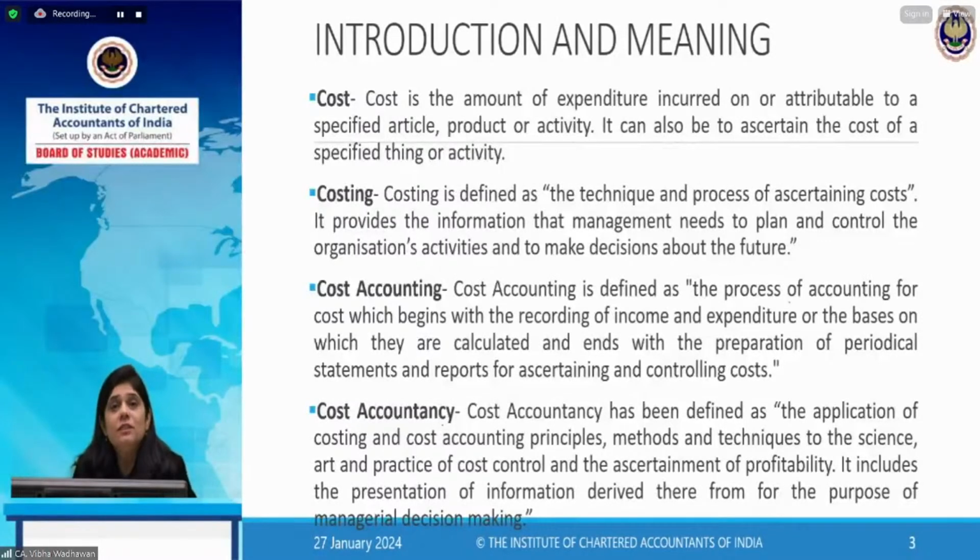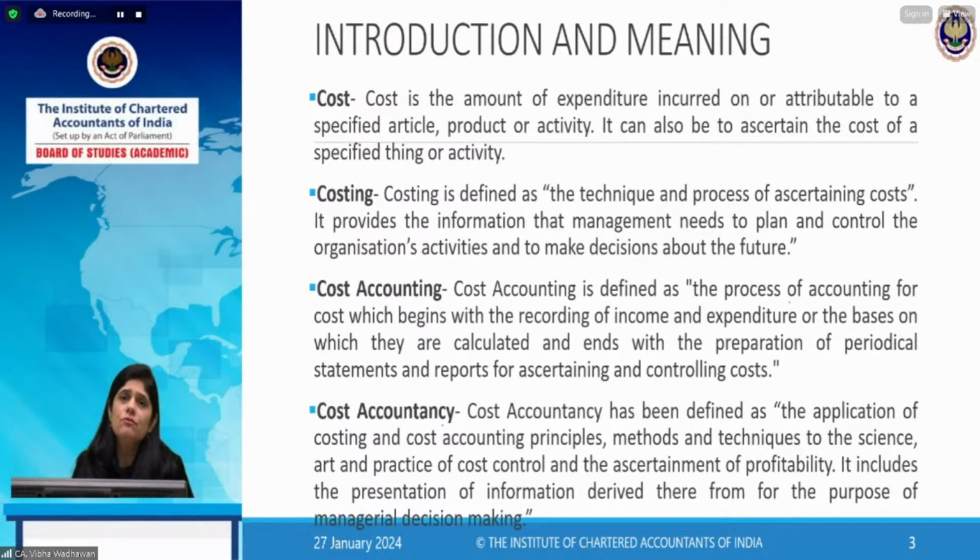Cost accountancy takes everything from costing and cost accounting. Cost accountancy is the application of costing and cost accounting principles, methods, and techniques, basically for cost control. The main objectives of cost and management accounting: first, ascertainment of cost. There has to be the cost first.